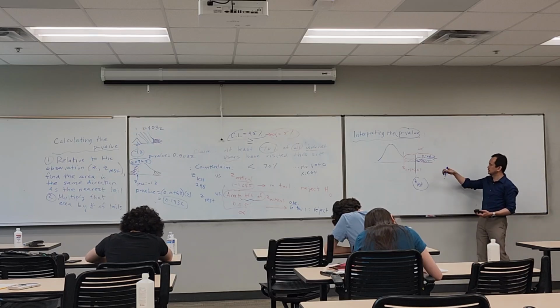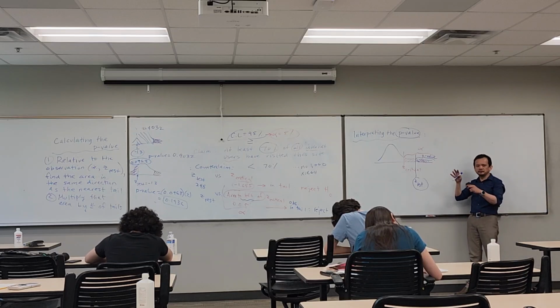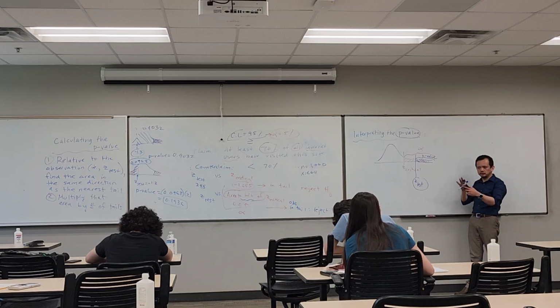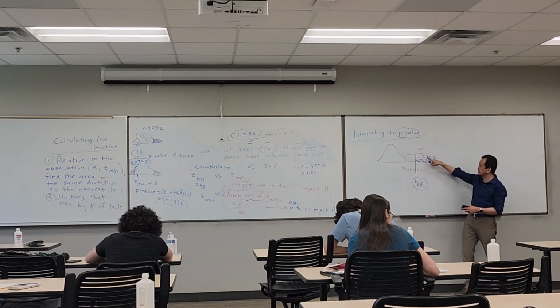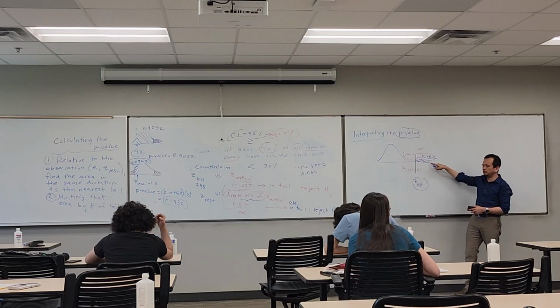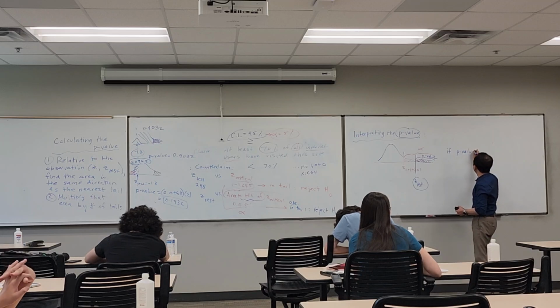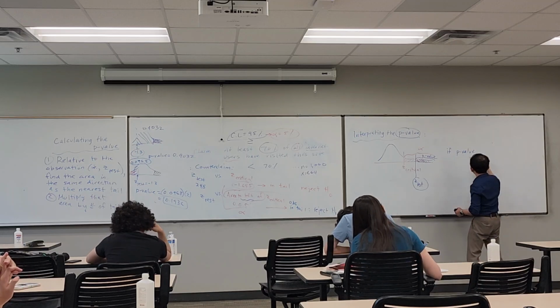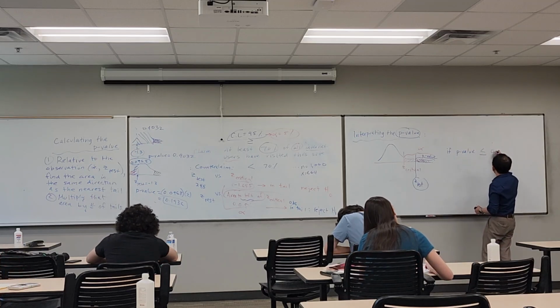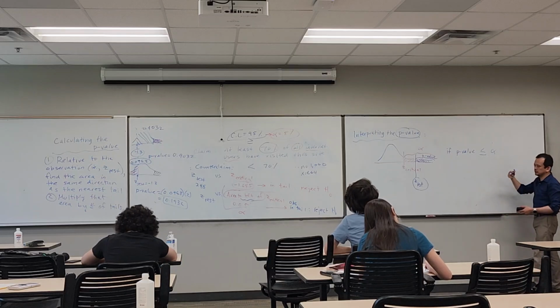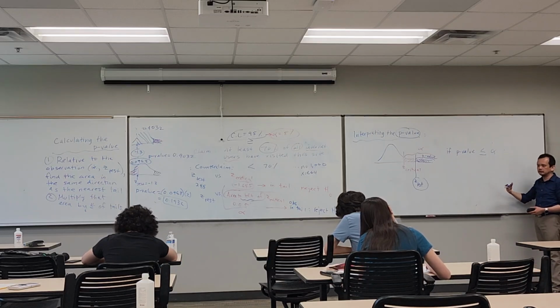So in this example, remember the p-value is a function of the area that is in the same direction as the nearest tail. So in this case, this area in blue here, the p-value, is less than the area in red, which is alpha. So if p-value is less than, let's say less than or equal to alpha, then what can we say about the observation being inside or outside the tail?